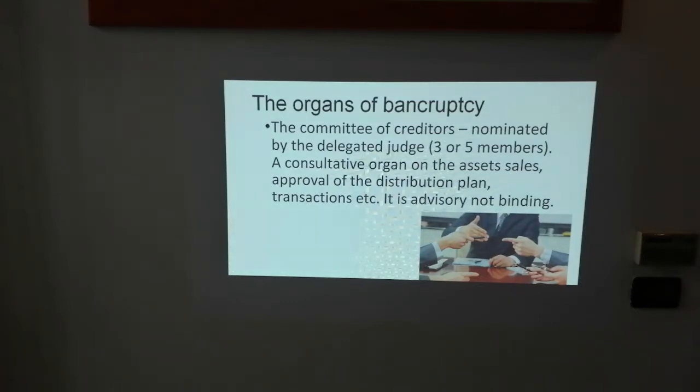They will communicate decisions and possibilities to the other creditors, etc. They're only an advisory organ, they can't make binding decisions. So they will be consulted on, for example, the sales of assets, the approval of a distribution plan and the transactions, etc. But they can't make any binding decisions. They can only give their opinion on behalf of the creditors, their creditor perspective, shall we say.